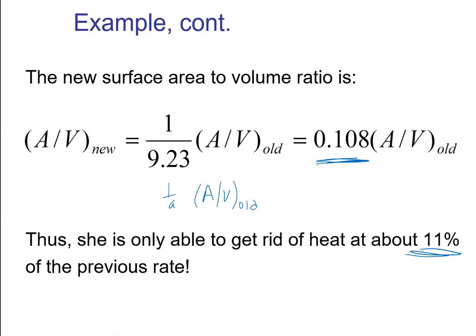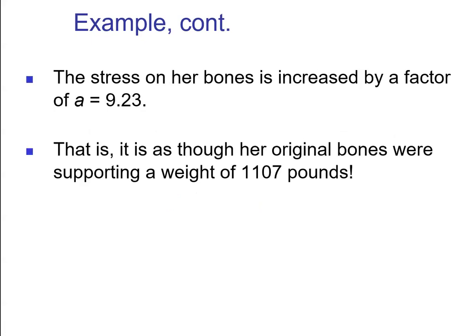Okay, so the second question, how has the stress on her bones changed? Well, the stress on her bones is increased by a scale factor of 9.23. If you remember, you just literally take the new stress equals A times the old stress.